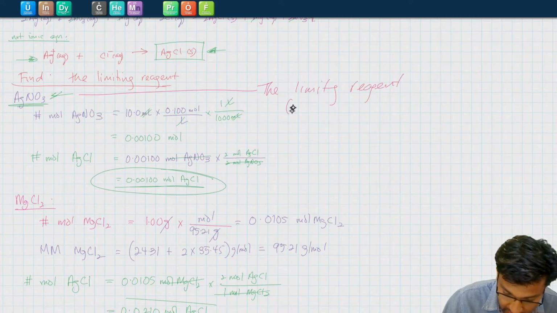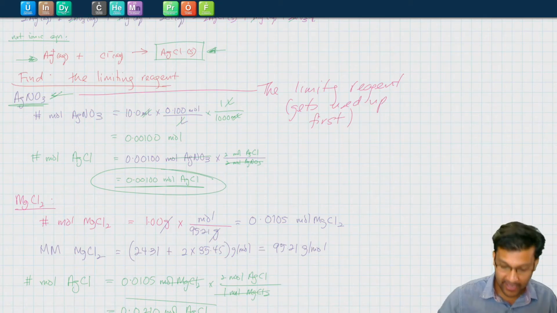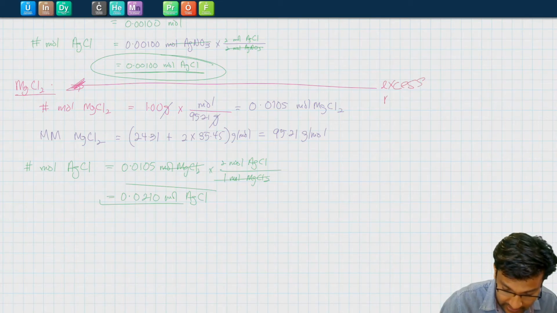It's the one that gets used up first. When it gets used up, the reaction stops and magnesium chloride will be left over, and this is called the excess reagent.